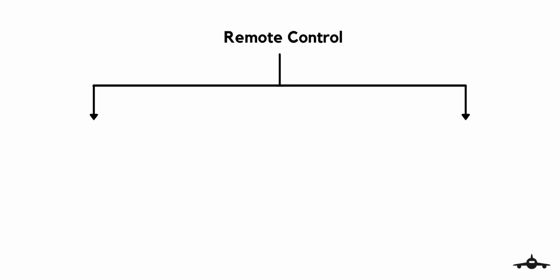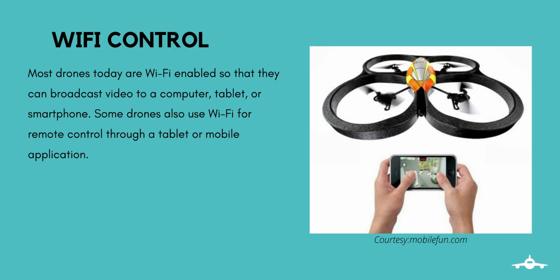Now, there are two remote control methods, Wi-Fi control and GPS control. Wi-Fi control. Wi-Fi used to only be available on computers, but as the technology evolved, shrunk and grew more intelligent, it was integrated into portable devices like phones and tablets. Now, there are several million products around the world that are Wi-Fi enabled so that they can be remotely accessible.